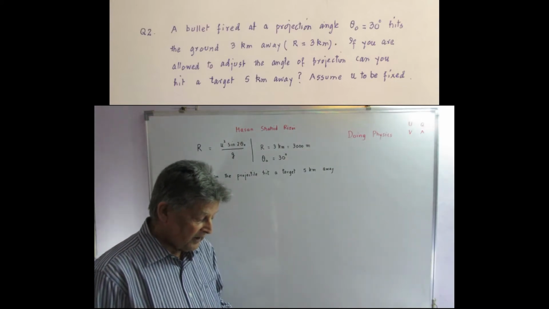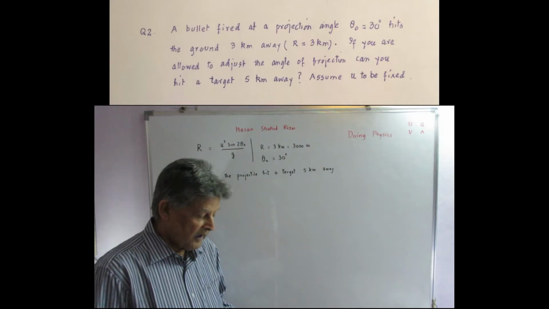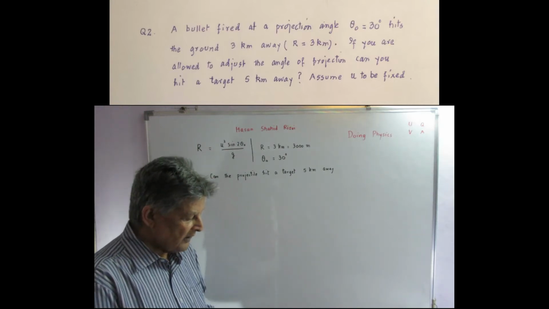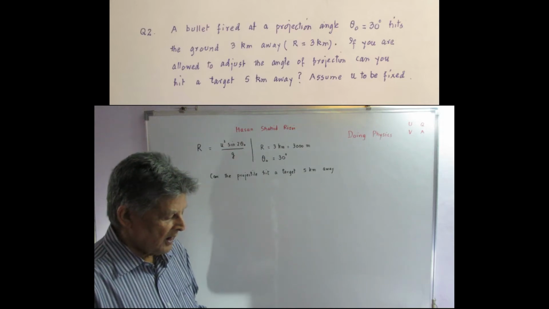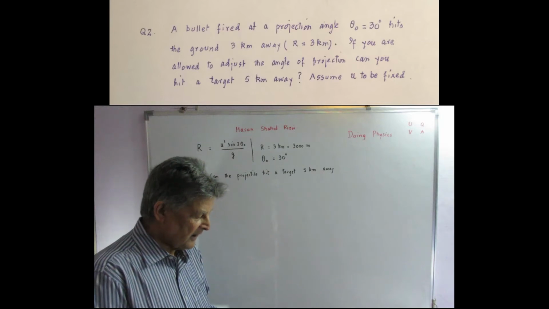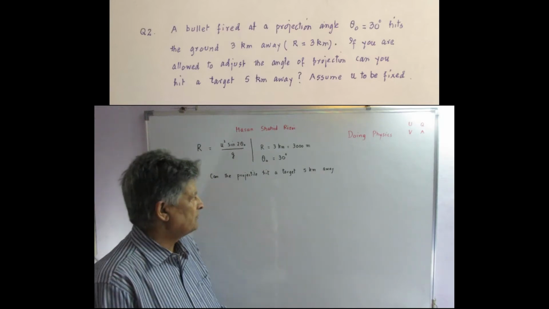By adjusting its angle of projection, can one hope to hit a target 5 kilometers away? Assume the muzzle speed to be fixed and neglect air resistance.